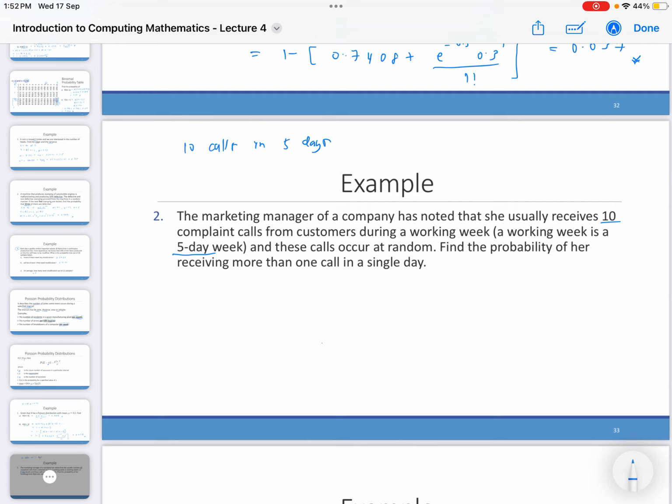These calls occur at random. Find the probability of her receiving more than 1 call in a single day.